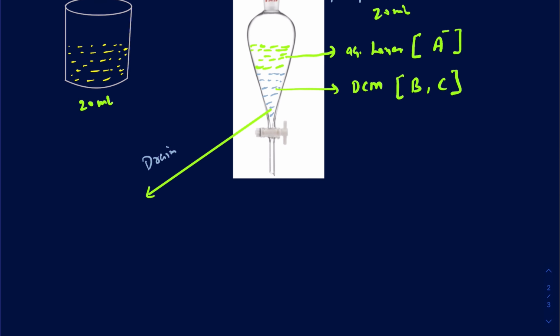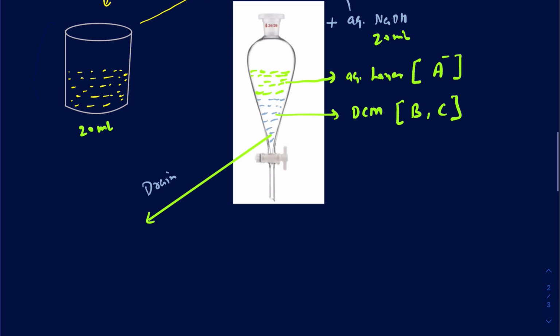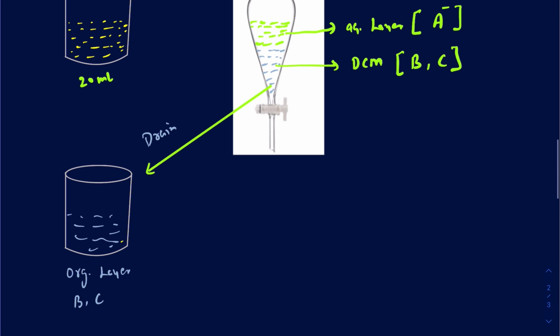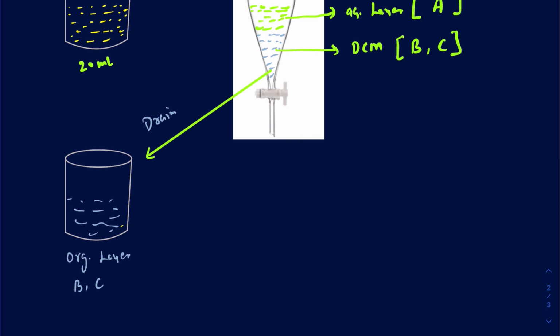So I'm just going to use this picture of the beaker here. And now I'm going to have the organic layer that's going to contain the B and it's going to contain the C. I'm going to have the aqueous layer drained into a separate beaker.